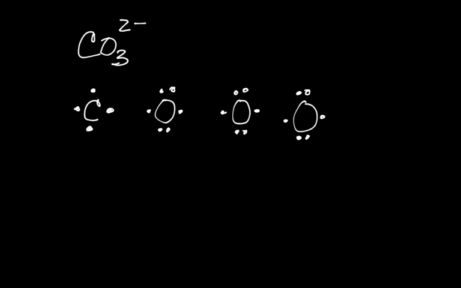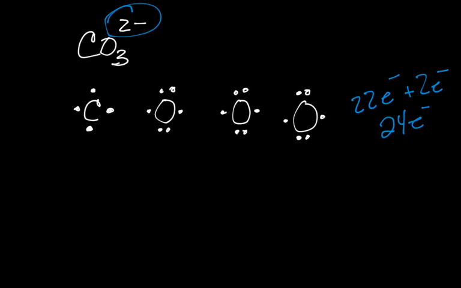All right, and this time I'm going to remember, let's count our total number of electrons. So we have 4, right, and 6, and 6, and 6, which gives us 22 electrons, plus we have a 2 minus there, which means somewhere in there there's going to be another 2 electrons. Don't worry about putting them in yet, which gives us a total of 24 electrons to work with.